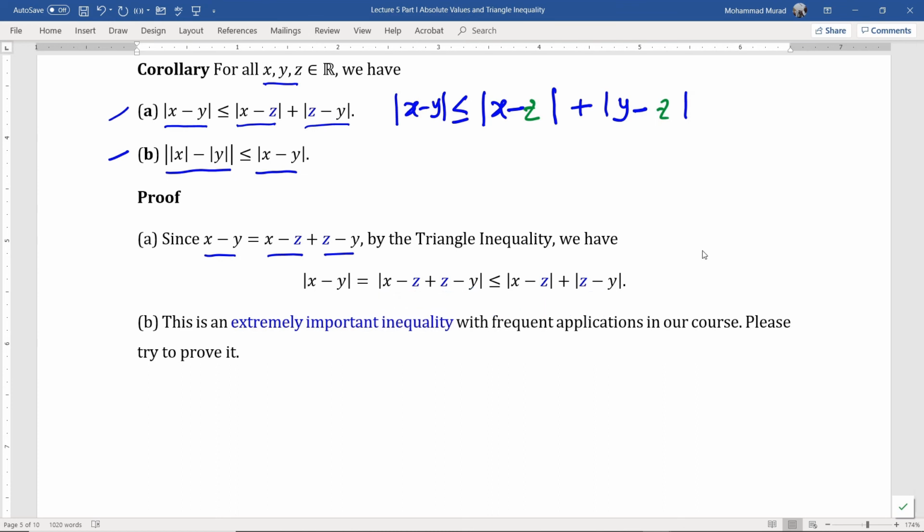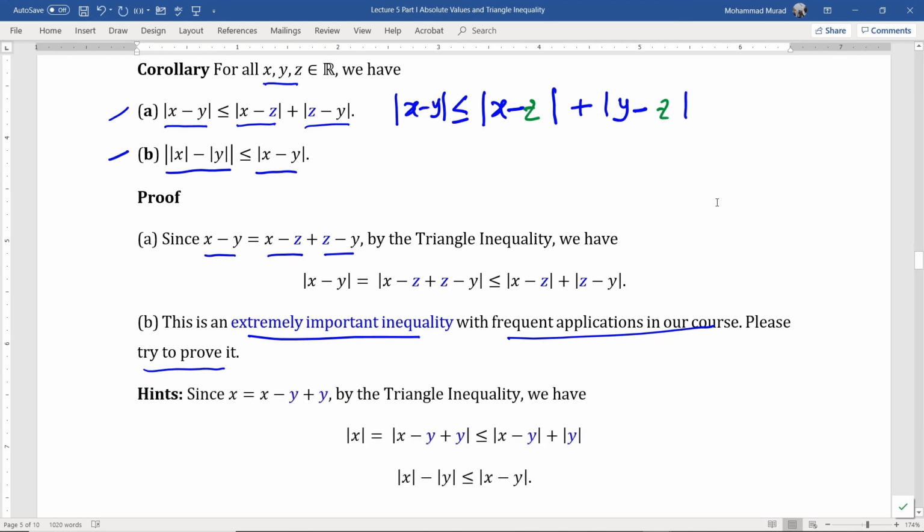The corollary B is an extremely important inequality with frequent applications in our course. Please try to prove it. Let's have a little hint. We can write x as x minus y plus y.